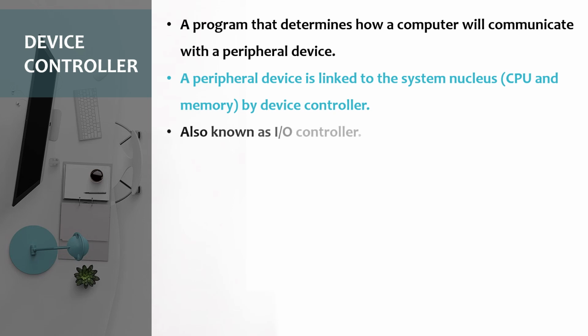It is also known as an input output control, because ultimately whatever peripheral device I am attaching has to communicate with the operating system and the memory. Ultimately, either I am inputting something or I am taking output from the system. Suppose you are copying data from your pen drive to your hard disk.